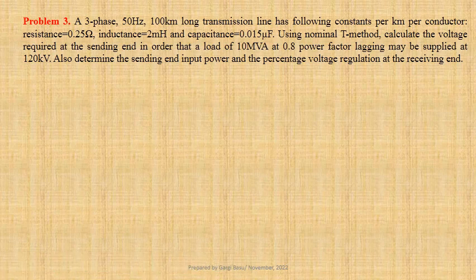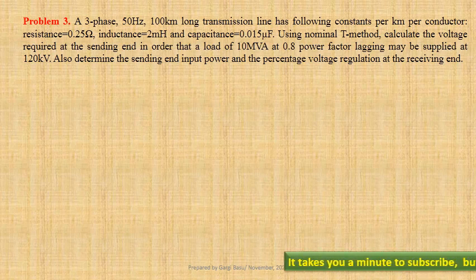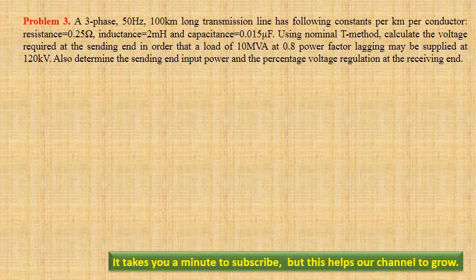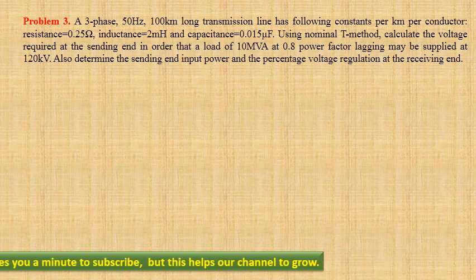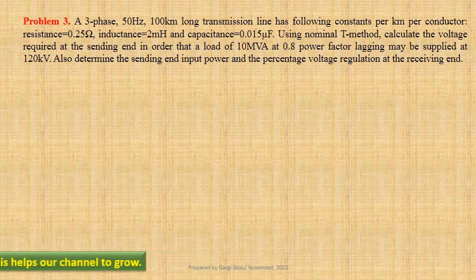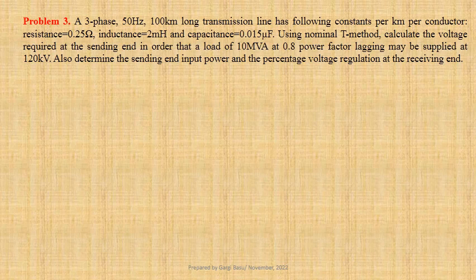Using nominal T method, we have to calculate the voltage required at the sending end in order that a load of 10 megavolt ampere at 0.8 power factor lagging may be supplied at 120 kilovolts. We also have to compute the sending end input power and the percentage voltage regulation at the receiving end.